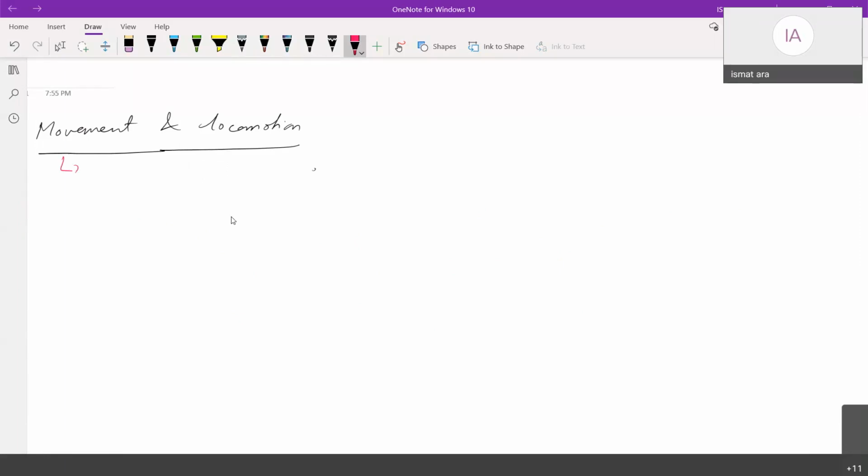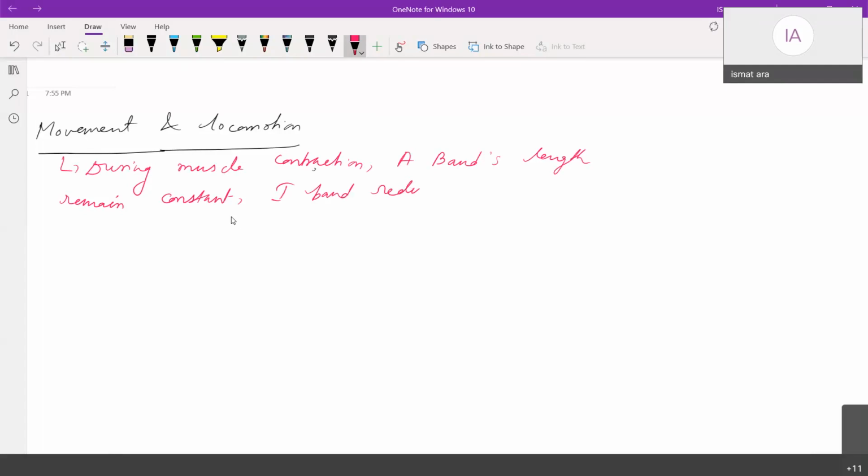So I can write here: during muscle contraction, A band length remains constant. And I band reduces its length. This line is given in NCERT.